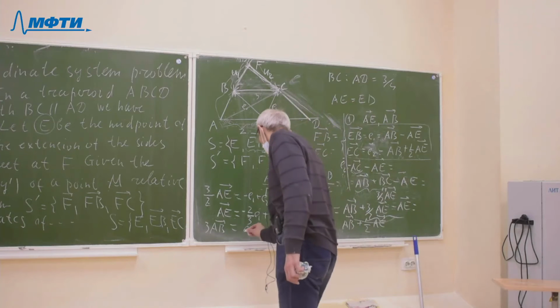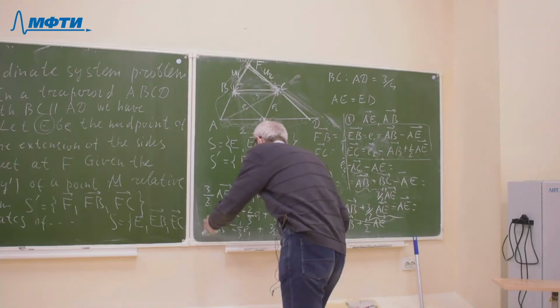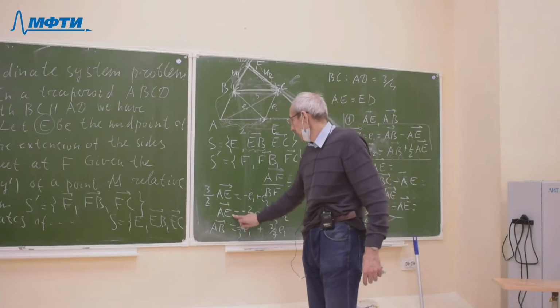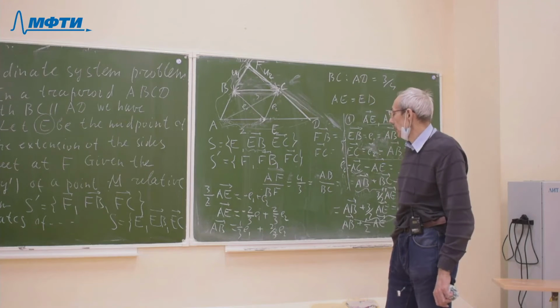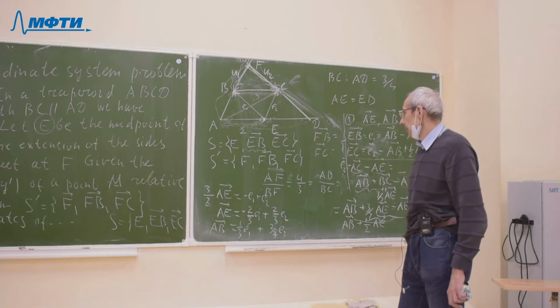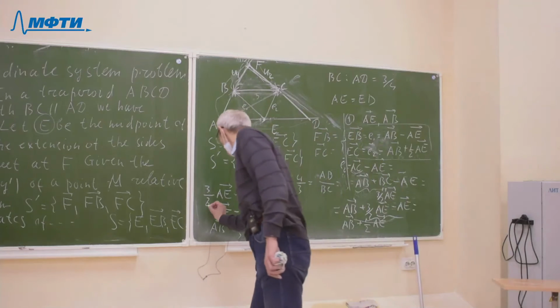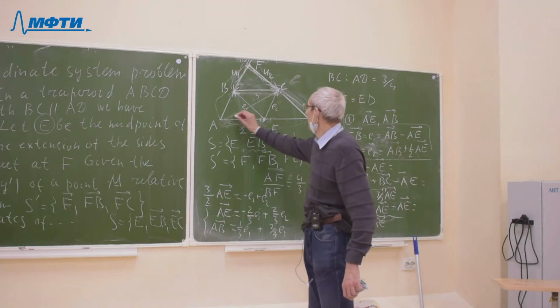And dividing, we obtain the second formula. AE is equal to minus 2/3 times E1 plus 2/3 times E2. And AB is equal to 1/3 times E1 plus 2/3 times E2. And we obtain the expression for the vectors AE and AB.